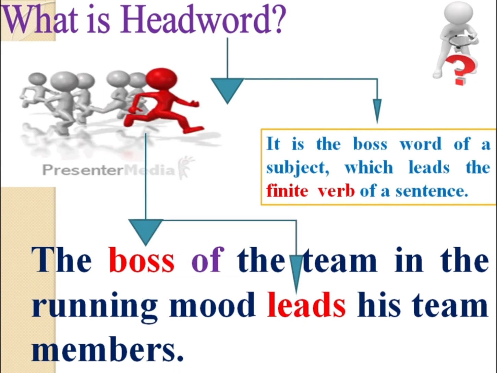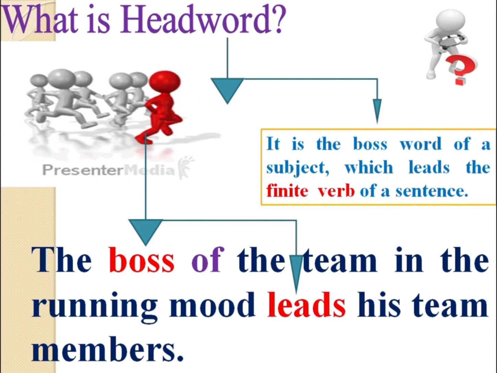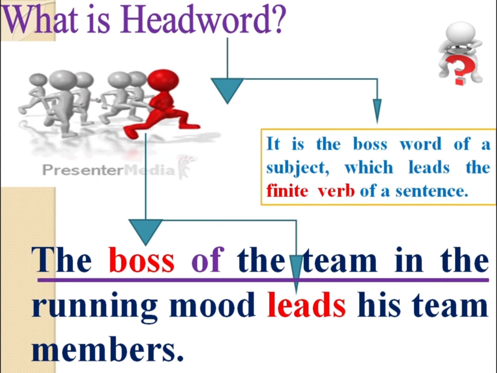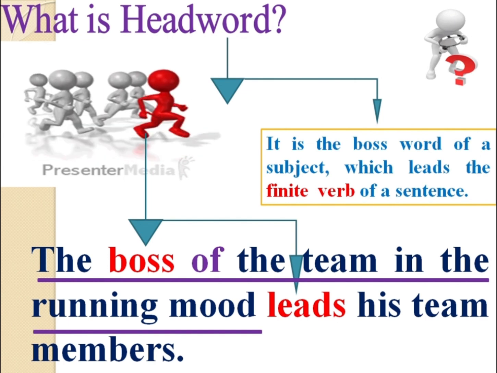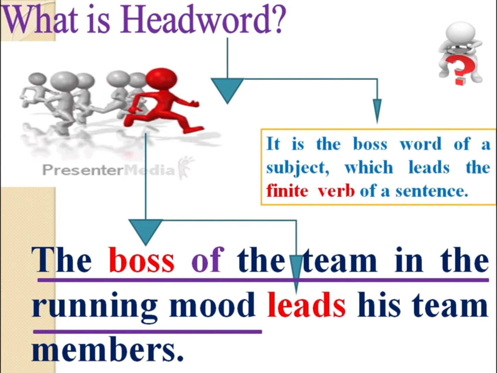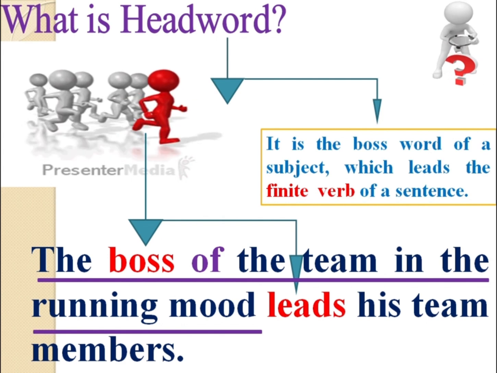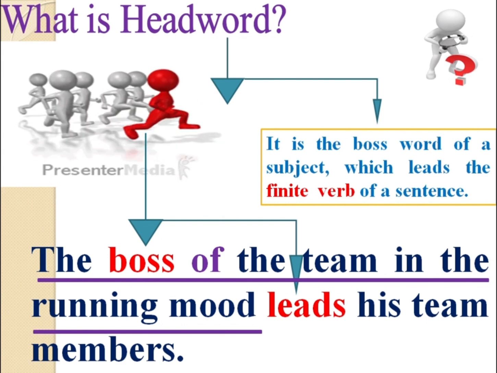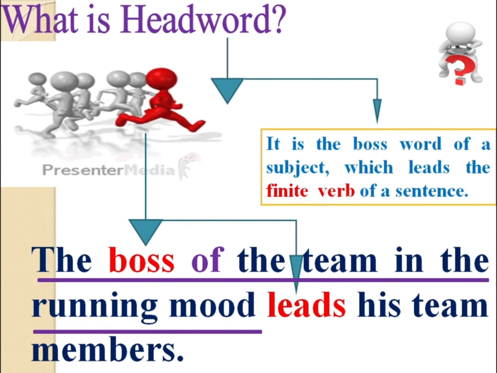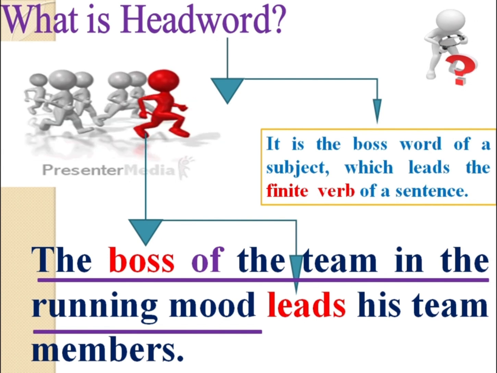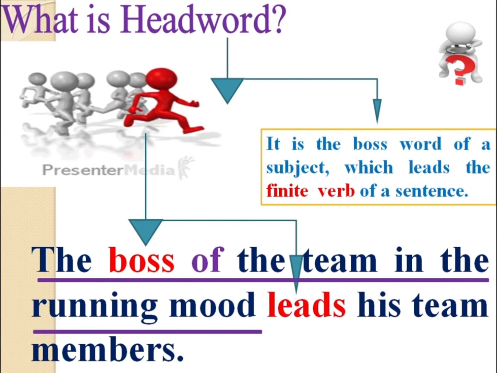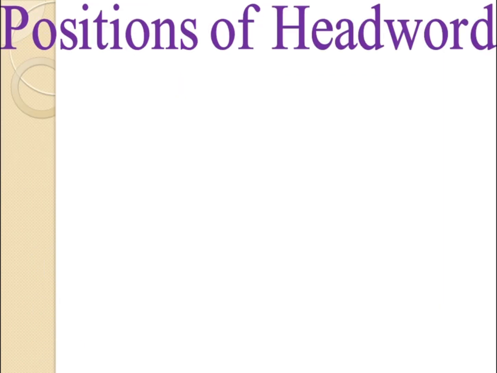The boss is following the verb lists, and the subject is the boss of the team in the running mood. Within the subject, the boss is the headword, and it is following the finite verb lists.